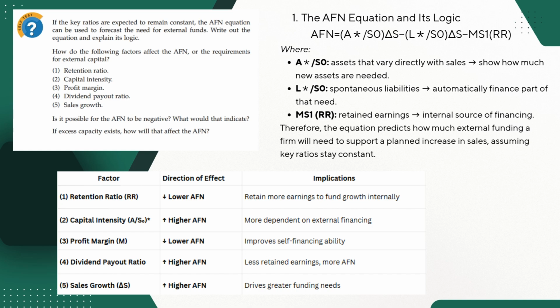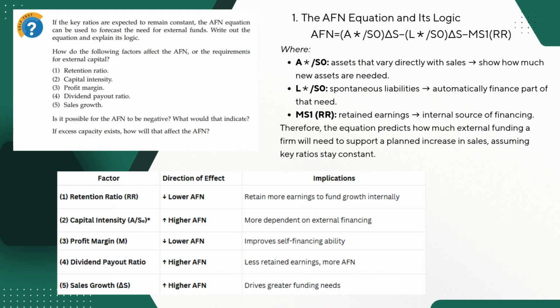Remember that AFN measures how much additional funding a company needs to support sales growth, assuming all other ratios remain constant. If sales go up, assets need to go up too, but liabilities and retained earnings can help finance part of that need. Let's go to the table, which indicates the factor, direction of effect on AFN, and its implication.